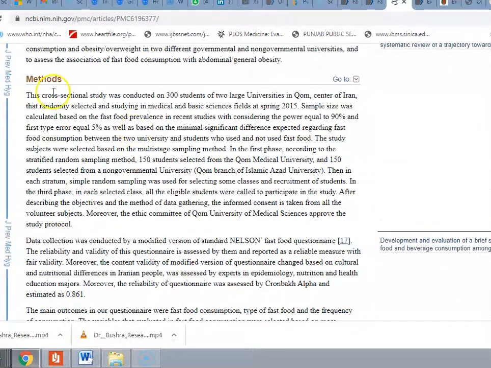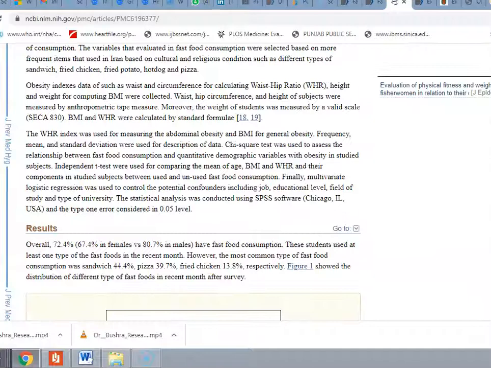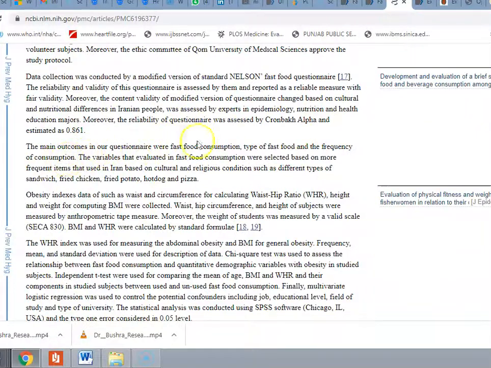Okay, going to methods. They surveyed 300 students, calculated the sample size, used a standard questionnaire, and they measured fast food consumption, that was the risk factor, and they measured the outcome, that was obesity, using obesity indexes, and then they related both these variables.